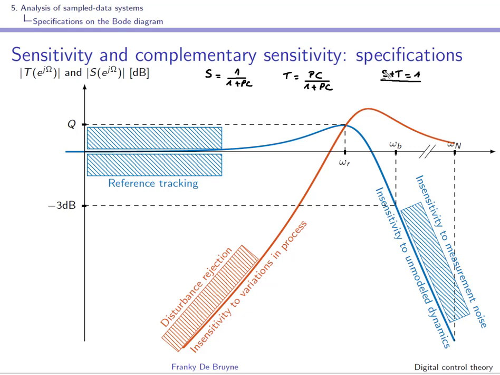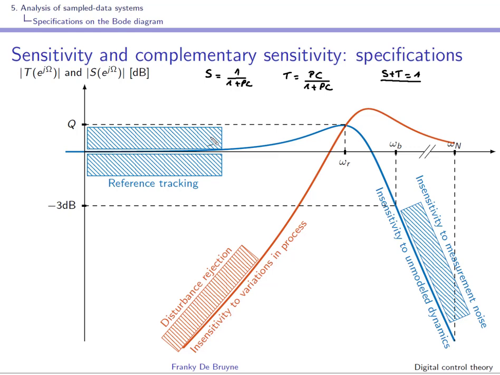S and T are complex numbers if you replace z by the exponential of j omega. So S and T add to 1. This does not mean that the modulus of T plus the modulus of S add to 1. They add up to 1 as complex numbers.